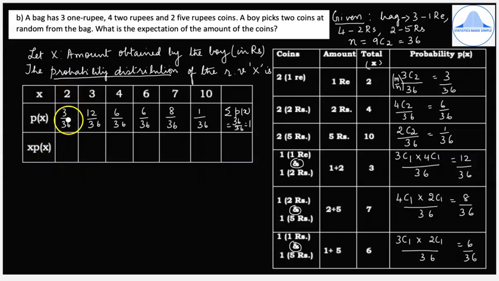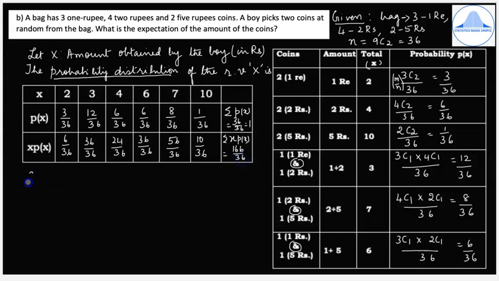So 2 into 3 by 36 is 6 by 36. 3 into 12 by 36 is 36 divided by 36. Then you have 24 by 36, 36 by 36, then 56 by 36, and it is 10 by 36. Next, find out summation x p of x. Again, the denominator is the same, so you add up the numerator values, you will get 166 by 36.